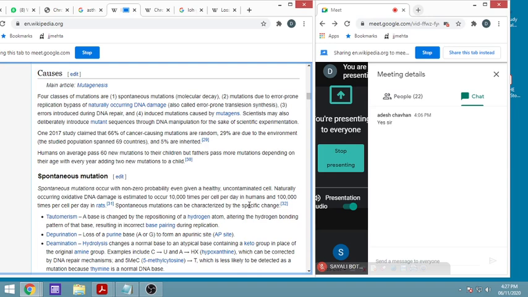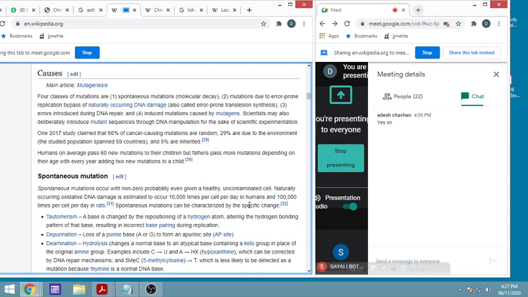And 5% are inherited. So these 66% are random, meaning they were not there in the previous generation. There is no impact of environment, still they are occurring, and no one knows why.